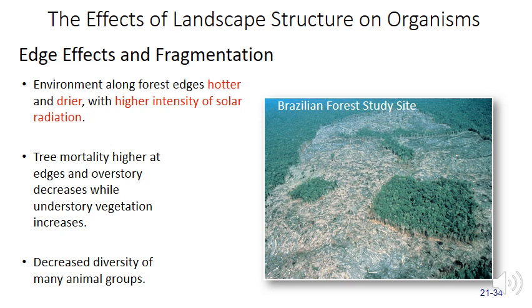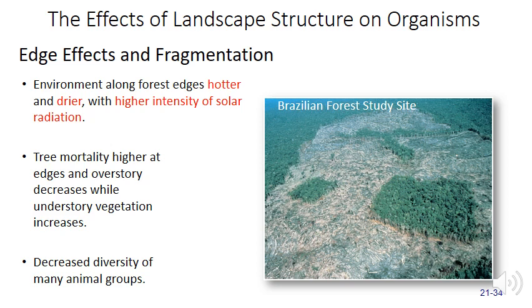So for example, if we take these tropical rainforests, conditions along the edges tend to be hotter, drier, with higher intensity of sunlight. You tend to get greater tree mortality, so you get a reduction in the overstory, and then you get increased growth of understory plants. So the plant community is fundamentally changed along those edges.